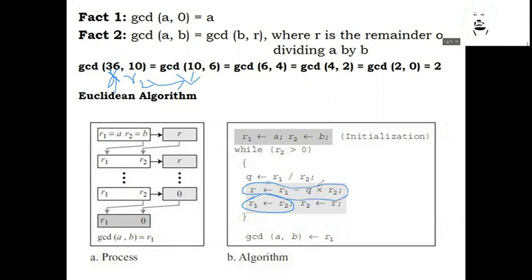So what is this R finding? Let us substitute 36 and 10 here. So R equal to 36 minus 10 into, what is my R2? Sorry, the coefficient is 3.